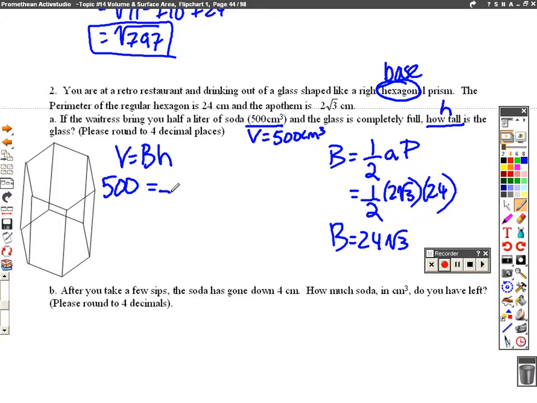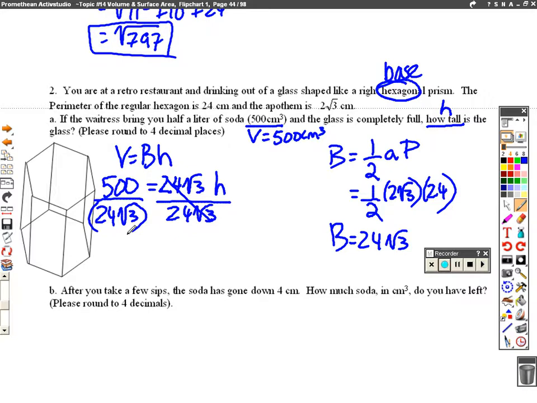So we've got 24 root 3 times h. And h is what we're solving for. So to get this by itself, we're going to divide by 24 root 3. Now I'm going to put parentheses around this because when you put this in your calculator, you have to put parentheses around that number in the denominator.